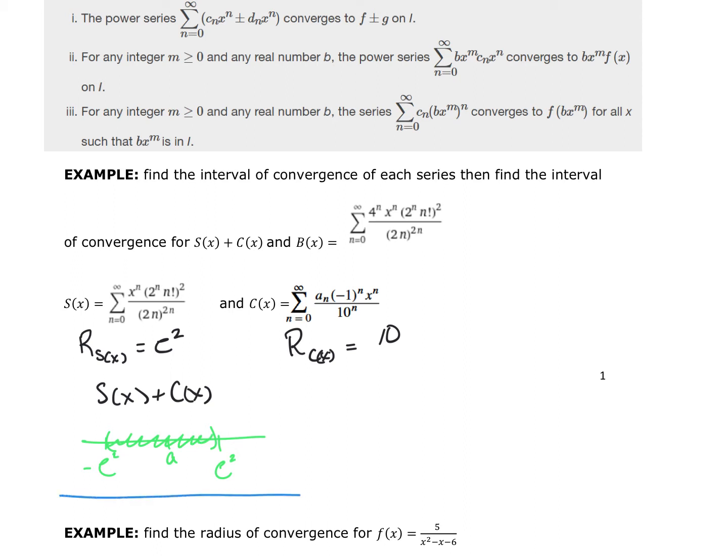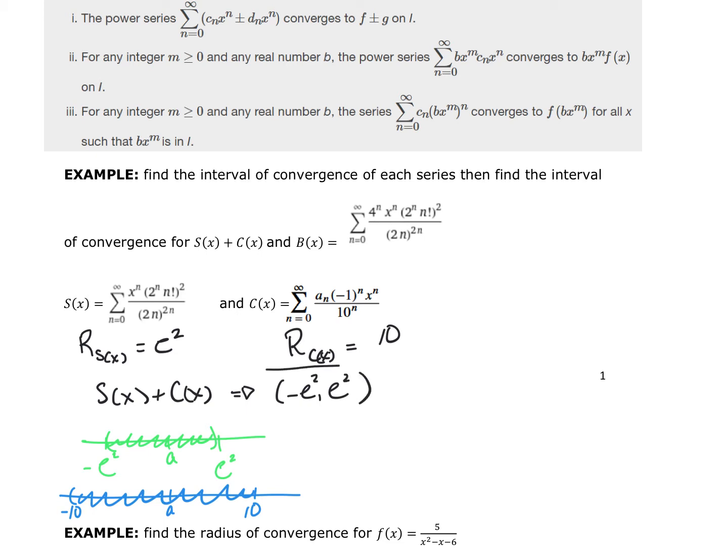If my c of x, same center, goes from negative 10 to positive 10, then by the theorem above, the sum of these will be where these two intervals overlap. And the interval in which they overlap is from negative e squared to e squared.